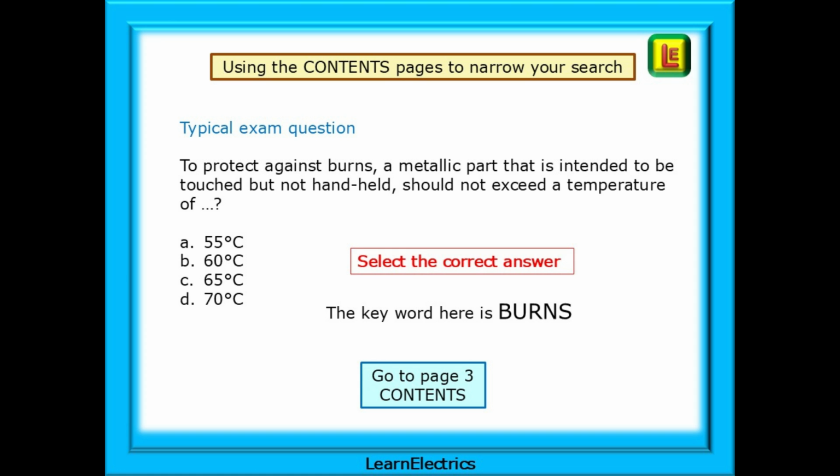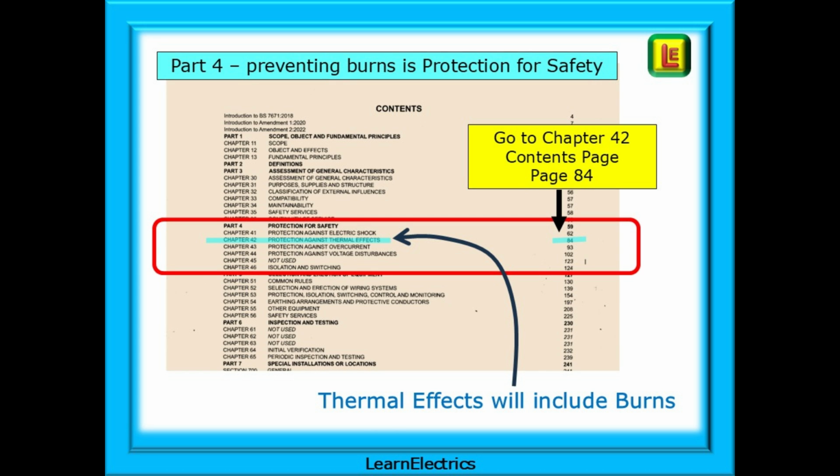Now go to page 3, the main contents page. Preventing burns is a safety thing, and part 4 is about protection for safety. Looking under part 4, we find chapter 42, protection against thermal effects, and thermal effects will include burns.